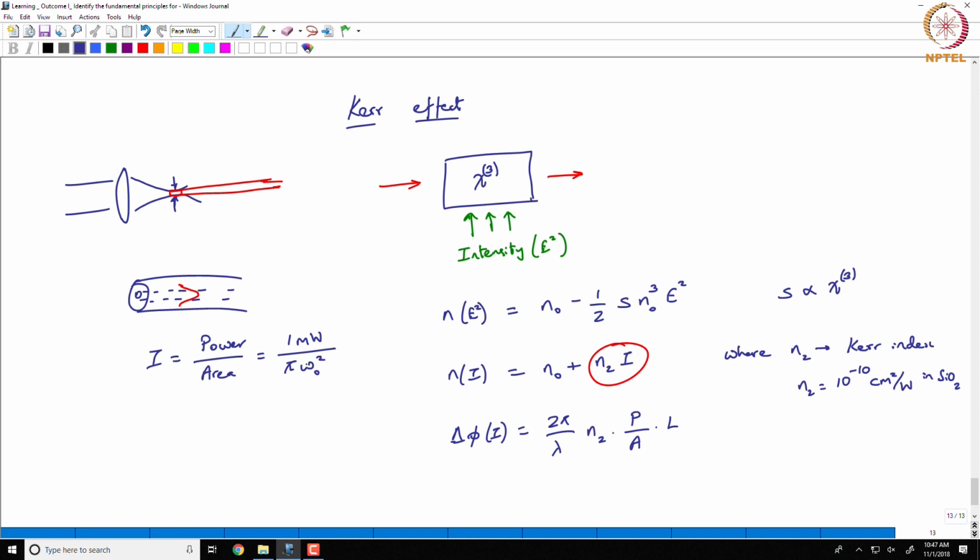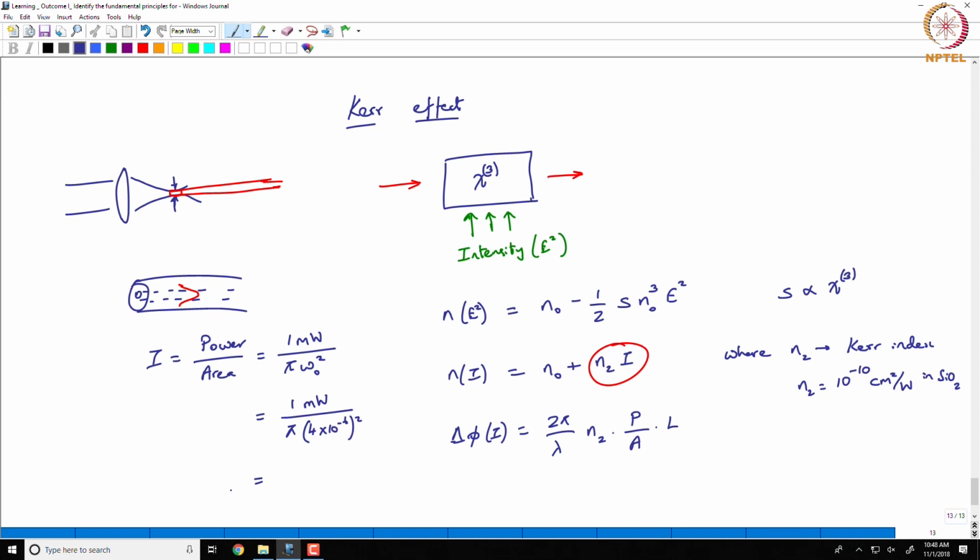Right. So, if you say mode field radius corresponds to w naught, then pi w naught square is the area, and that is actually very small for a single mode fiber. It can be as small as say 4 microns. So, 4 into 10 power minus 6, the whole square.